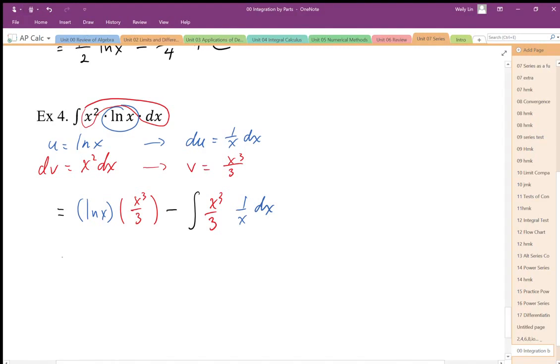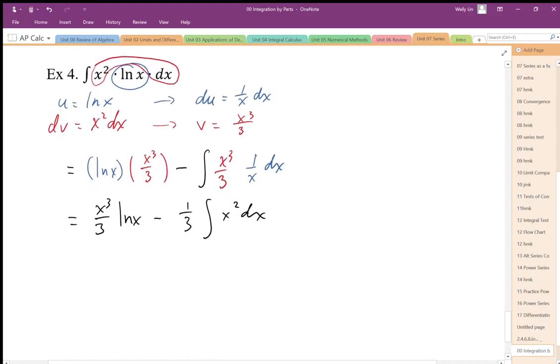When I simplify it, is that new integral one that can be done? Okay, so this is going to be 1/3 integral, x's cancel. Yeah, this is just power rule integration. The new integral can be done. It's easier than what I started with. So that was the whole point of doing integration by parts.